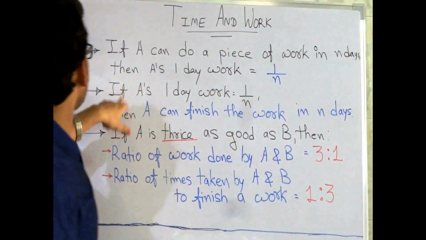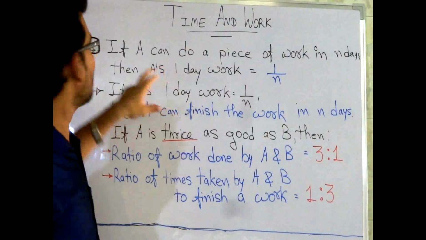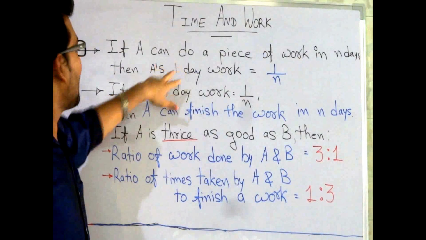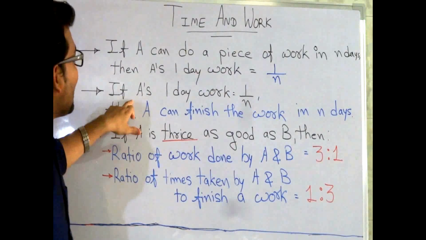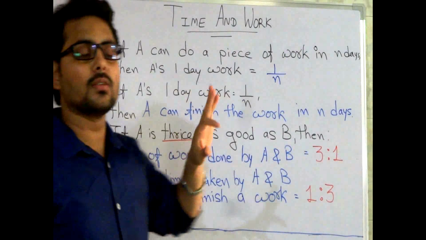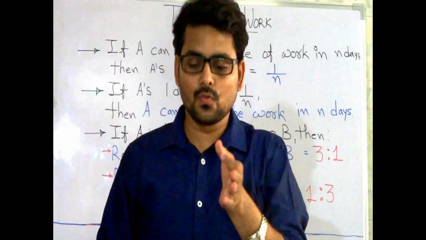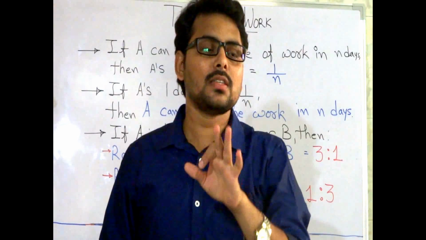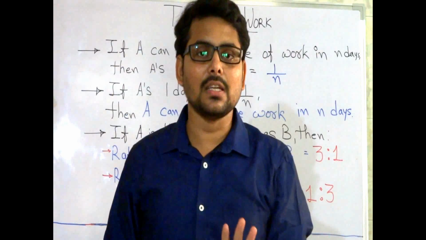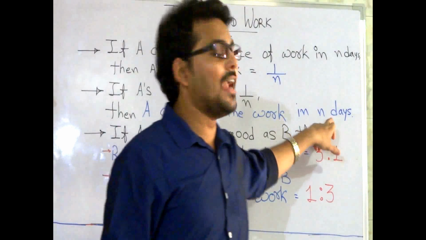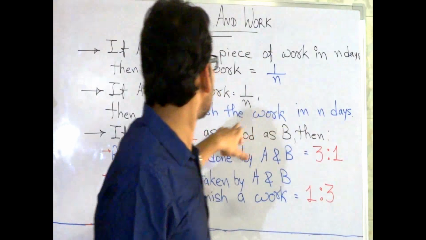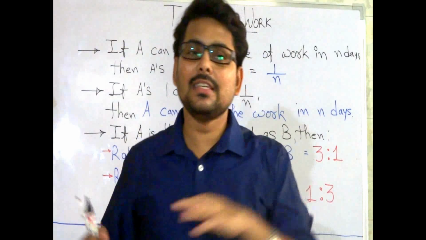I think you have understood this one. Now the second one is exactly opposite to that. If A's 1 day work is 1 by n, suppose a student is reading, say, 1 by 3 work, then A can finish the work in n days.